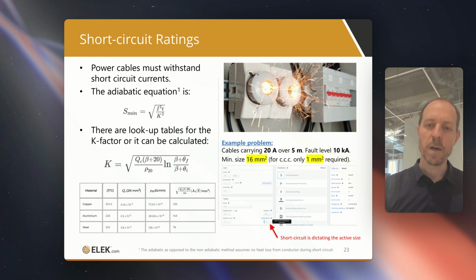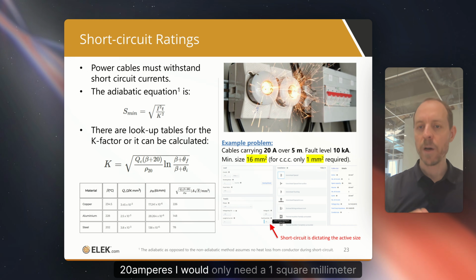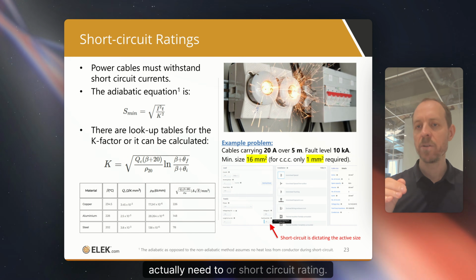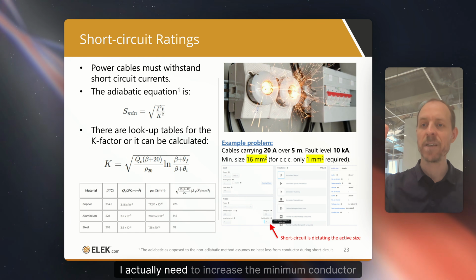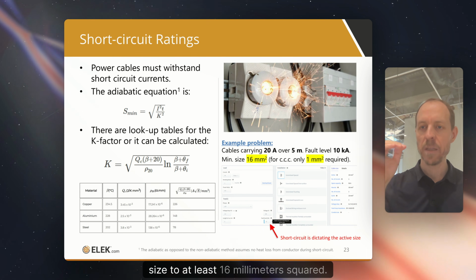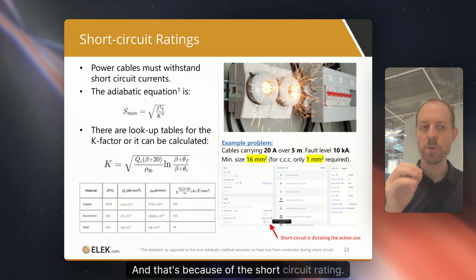If you only considered current capacity to carry 20 amperes, I would only need a 1 square millimeter conductor. However, considering the short circuit rating, I actually need to increase the minimum conductor size to at least 16 millimeters squared. And that's because of the short circuit rating.